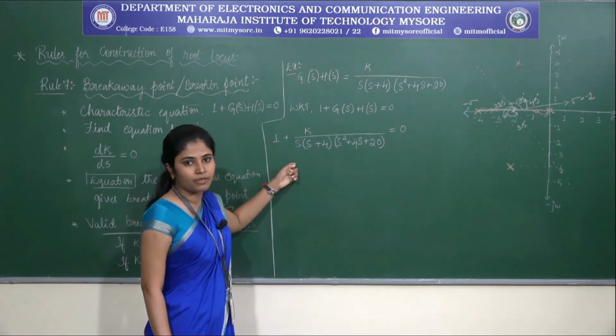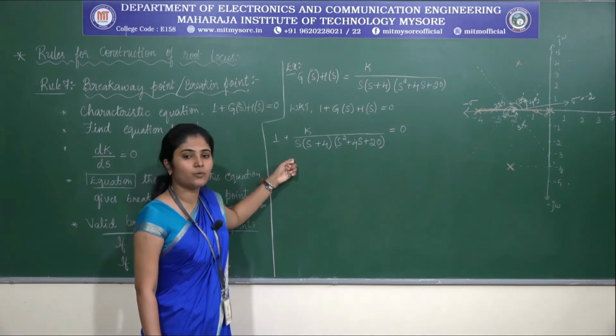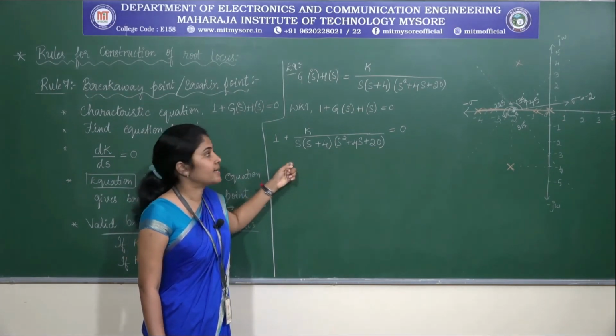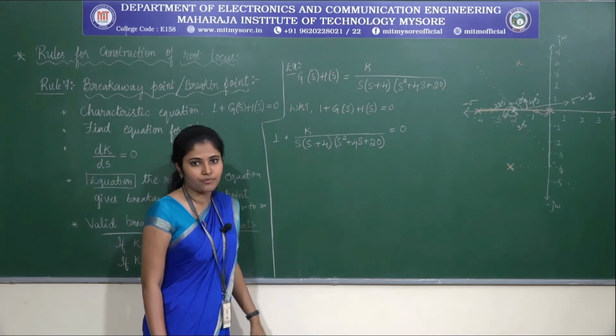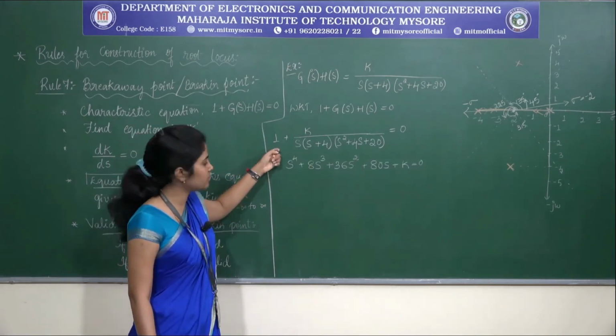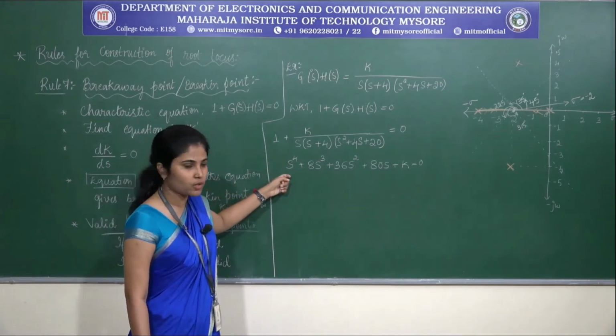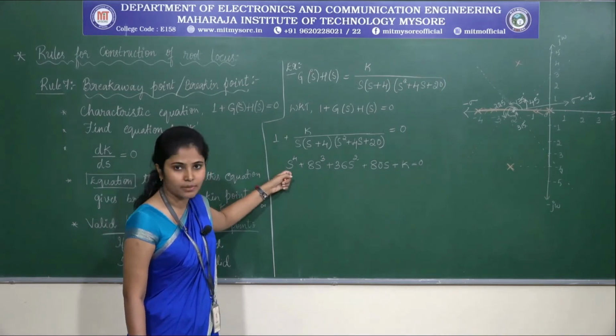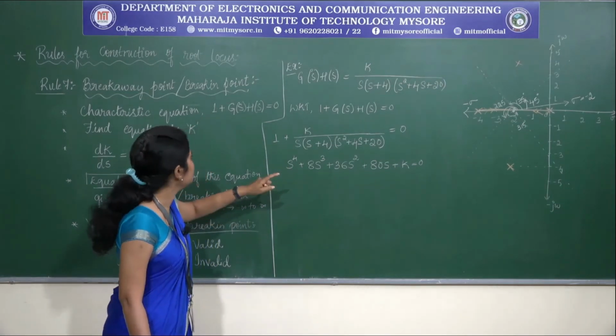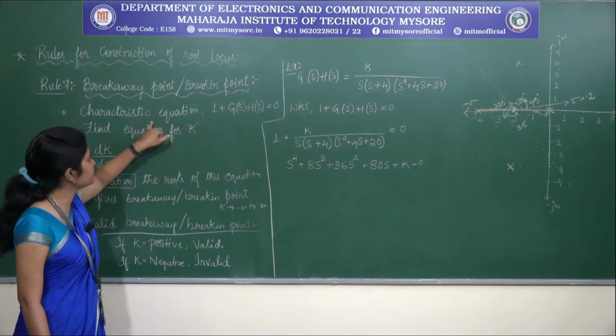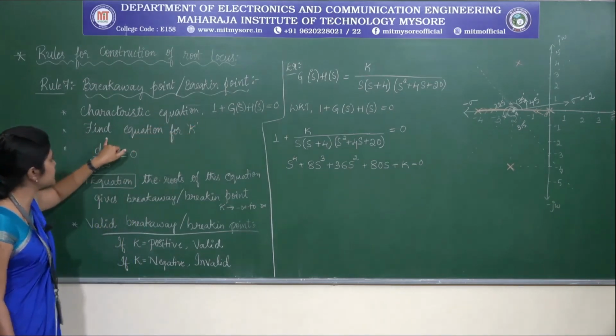Now I need to simplify this. After simplifying, what you get is the characteristic equation for the given transfer function. Now the first step is done, finding the characteristic equation. What is the second step?